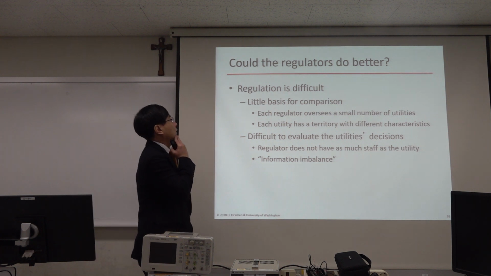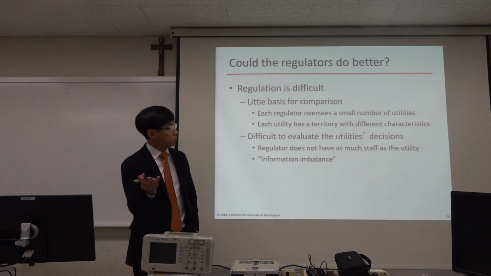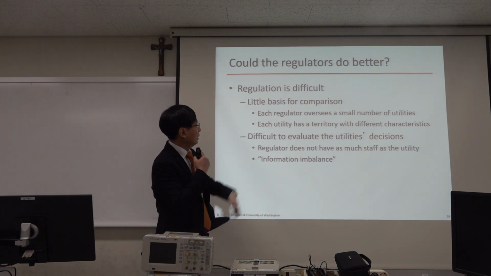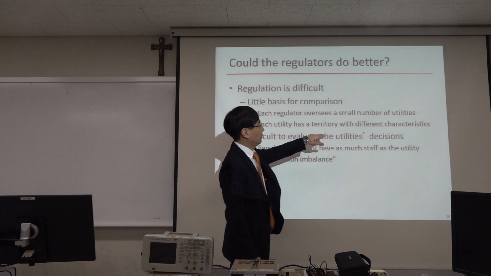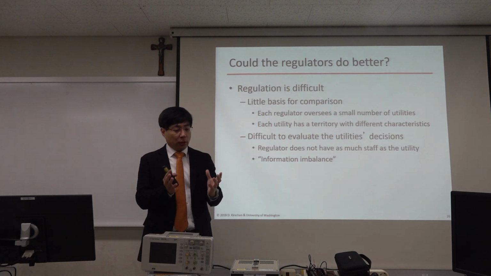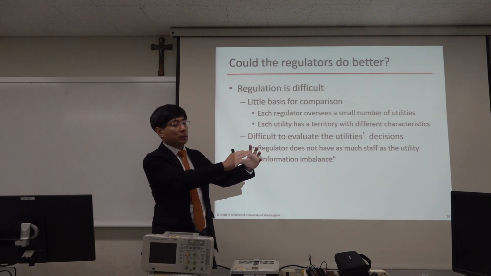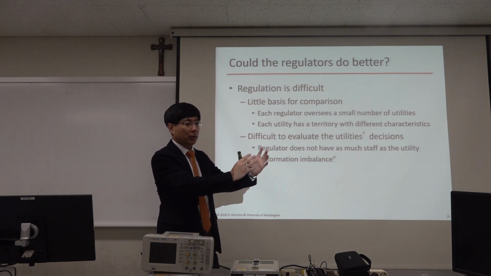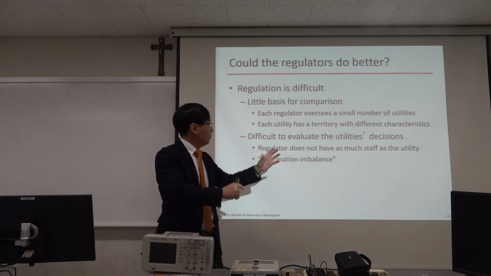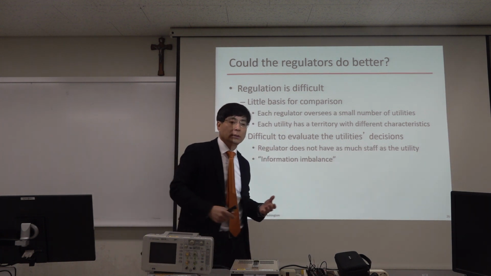Each regulator oversees just a small number of utilities. And each utility has a territory with different characteristics. So, there is a regulator, and there are several utilities, but each utility has its own territory with different characteristics. And they may say, hey, we have this kind of difficulties, we have this kind of situation.